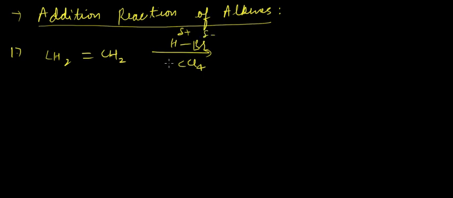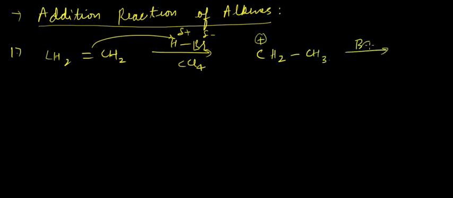So the alkene would actually give its pi bond to attract the hydrogen ion here, and as a result this would have a positive charge, and then this Br will actually attack on the carbocation to form this. So this would be the end product.